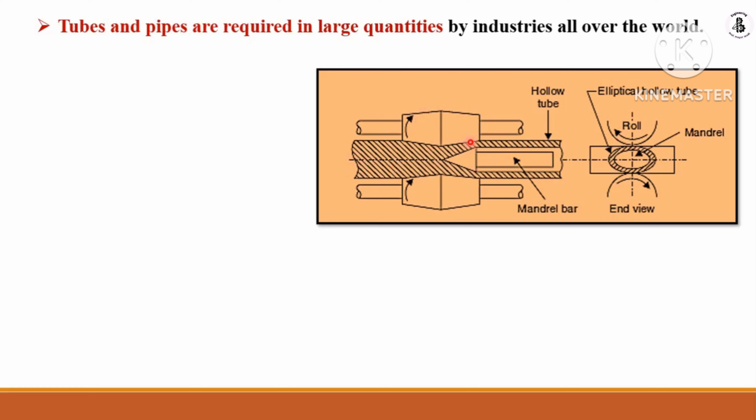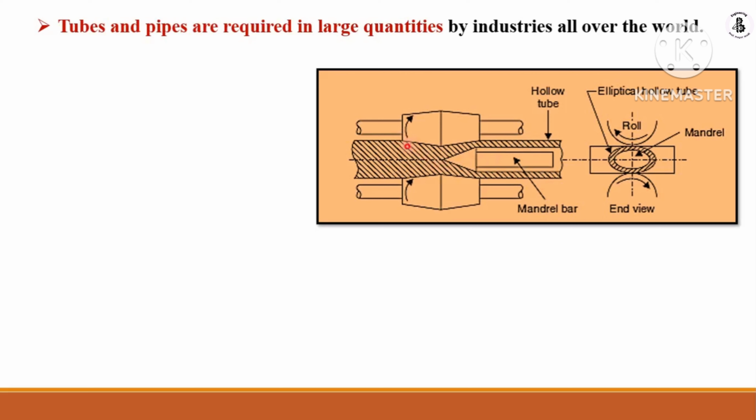Just you can see in this figure, this is the mandrel bar, which is positioned to make the hollow part, and it will be used to make the tubes. The sharp edge is placed like this.